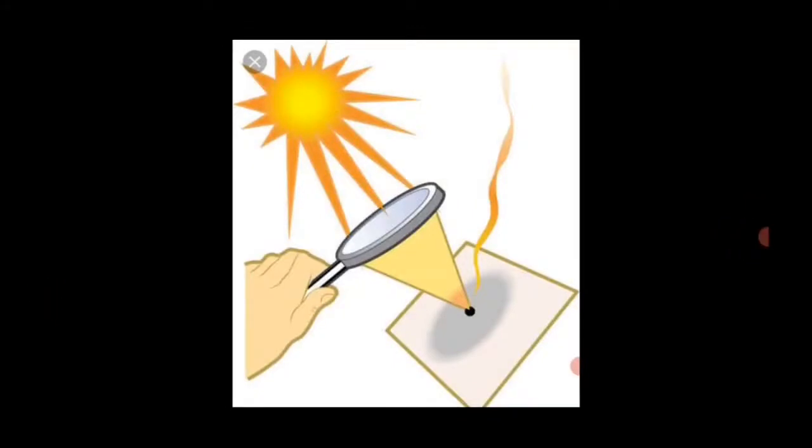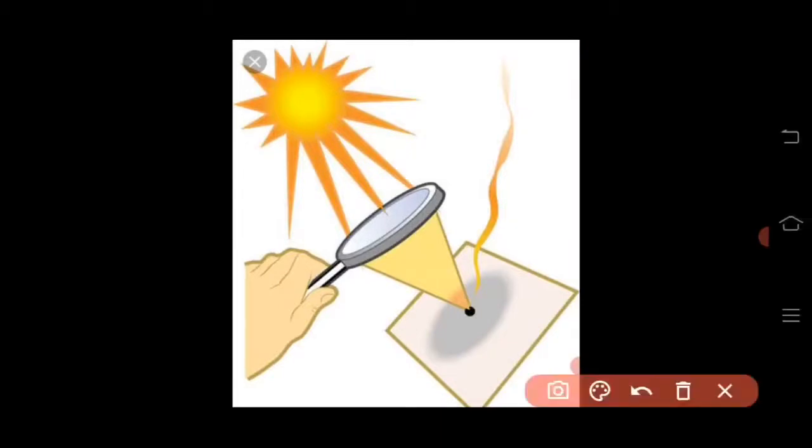Here sunlight is focused through a convex lens and it converges all the light rays to a particular point. So the convex lens is also known as a converging lens because it converges all the rays to a particular point.